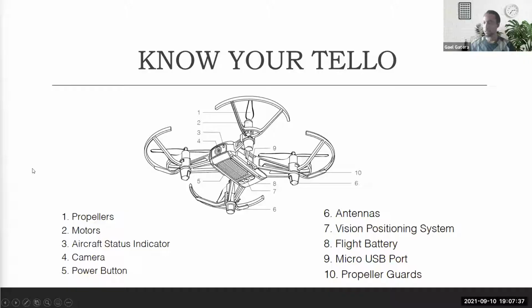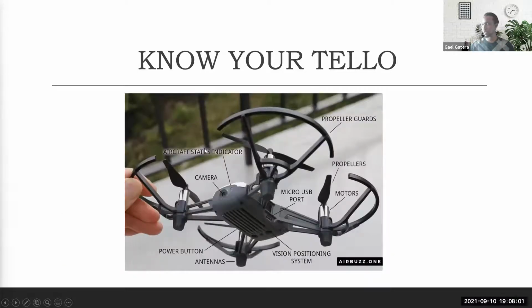Okay, so just to recap, this is how our Tello drone looks, and I'm going to pull mine up in a little bit. It has the propellers, and it has a set of motors. These are what they call brushless motors. Right here at number 3. This is the aircraft status indicator.